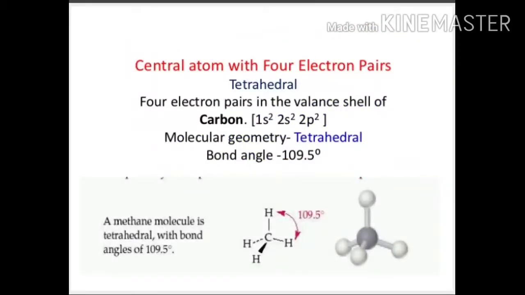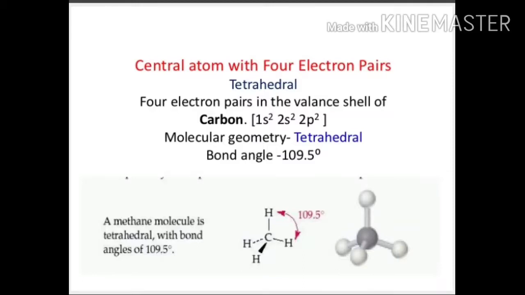Next example is the methane molecule. The molecular formula of methane is CH4. Here carbon is the central atom and 4 hydrogen atoms are surrounding atoms. Carbon has 4 valence electrons and these 4 electrons are involved in the formation of bonds with 4 hydrogen atoms.